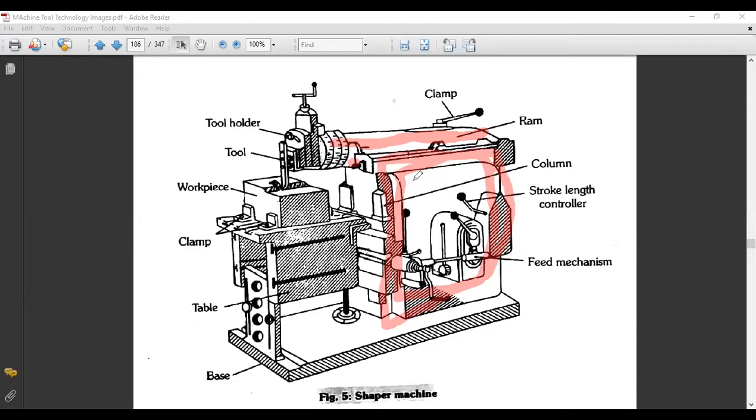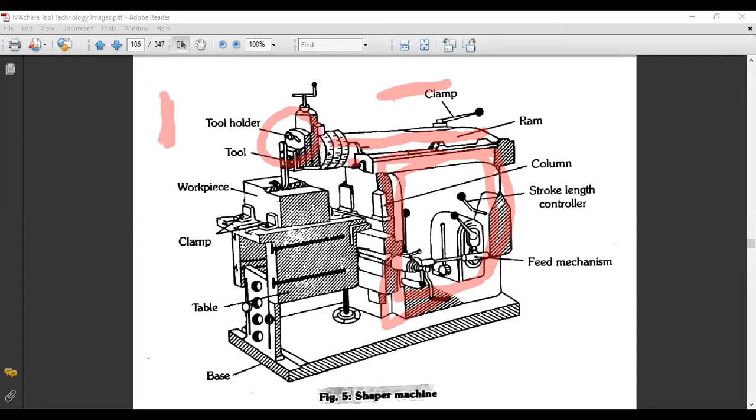It looks like a slotting machine. A slotting machine has a head like this, and there is a ram whose motion is in this direction. In the case of the shaper the motion is horizontal, and in the case of the slotting machine the direction of motion is vertical.